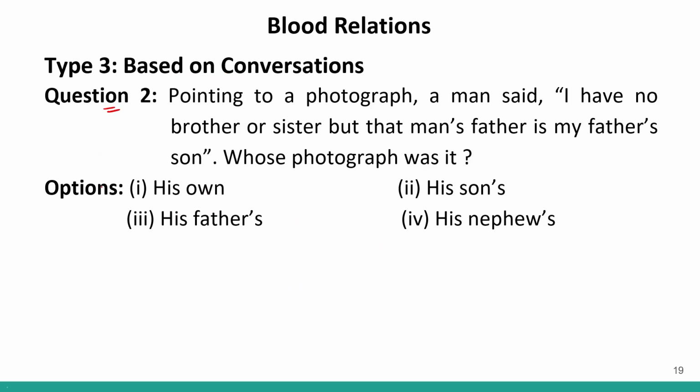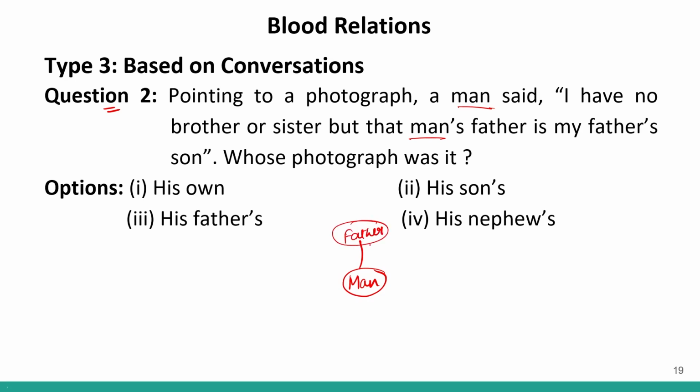Question number 2. Pointing to a photograph, a man said, I have no brother or sister, but that man's father is my father's son. So there is a man in the photo, correct?